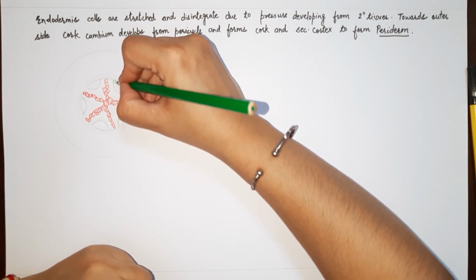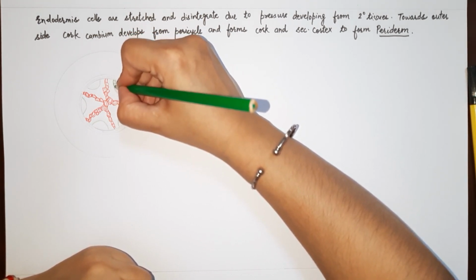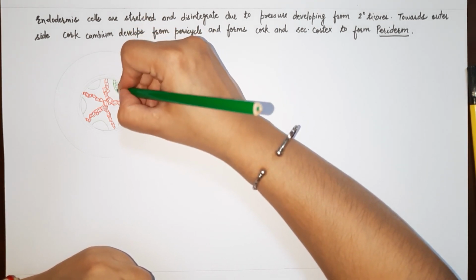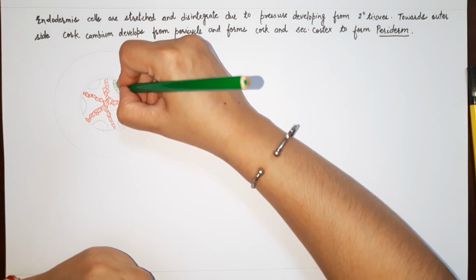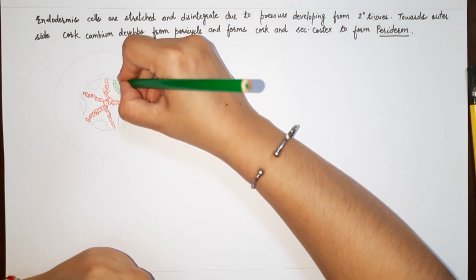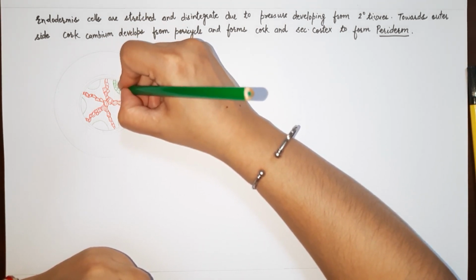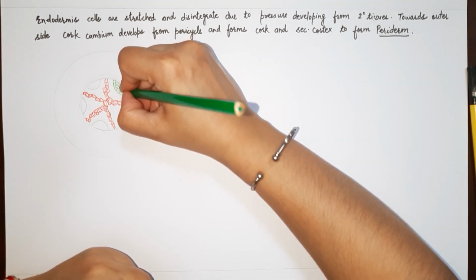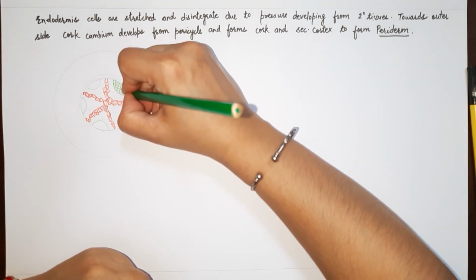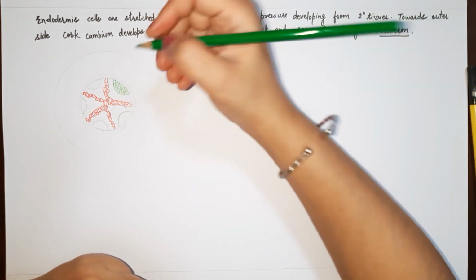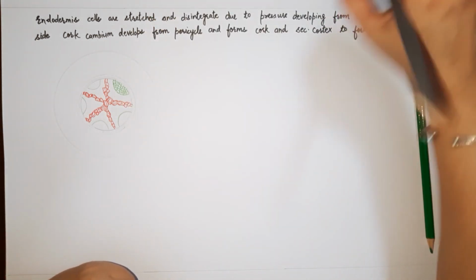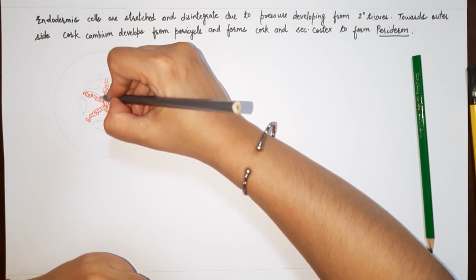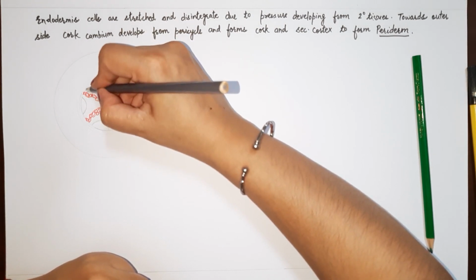And the cells of phloem should be small polygonal cells. So we will complete one area only, and in between these are the cells of conjunctive parenchyma.